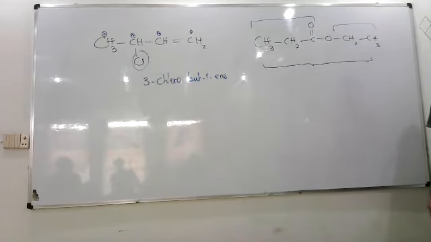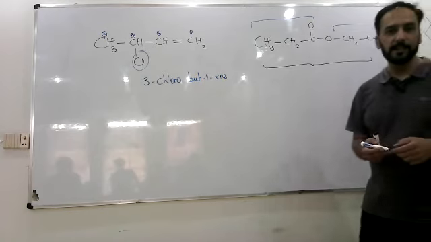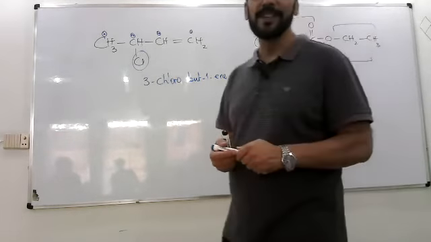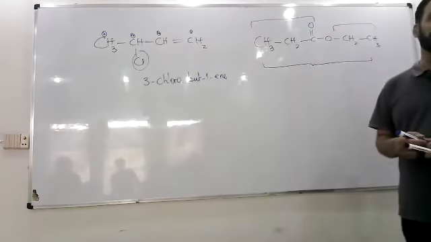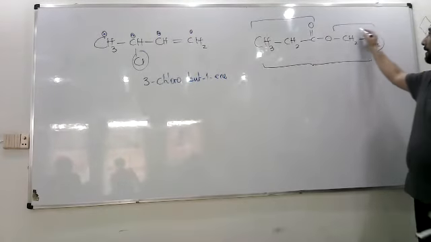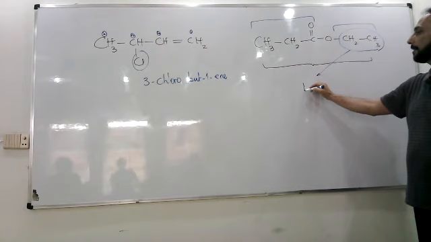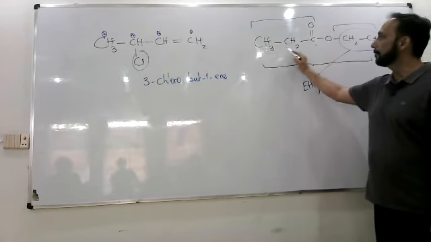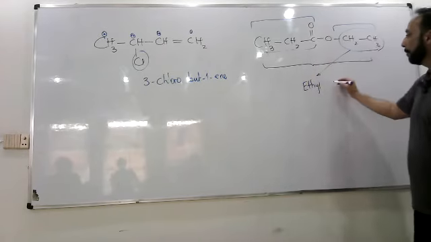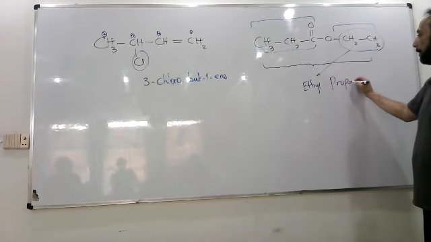Yes. Ethyl propanoate. Excellent. See, look, Umar, who has hardly studied any chemistry, I would say, is able to name an ester even. It's a very good sign. So this is ethyl. And that's 1, 2, 3, 3 carbons. Propanoate. Ethyl propanoate.